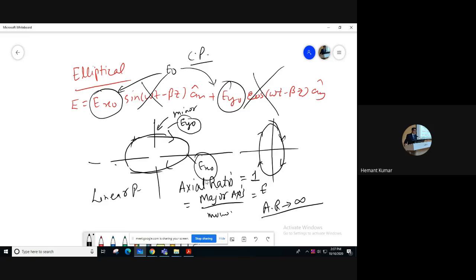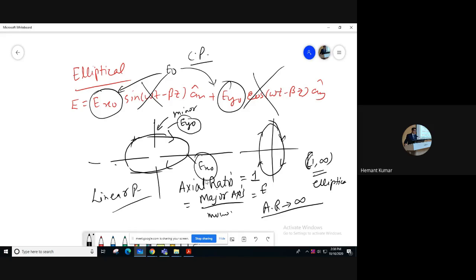That's why I say circular polarization and linear polarization are special cases of the elliptical. When axial ratio becomes 1, it will be circular. When axial ratio is infinity, it will be linear. When it is between 1 and infinity, it is elliptical polarized, right?